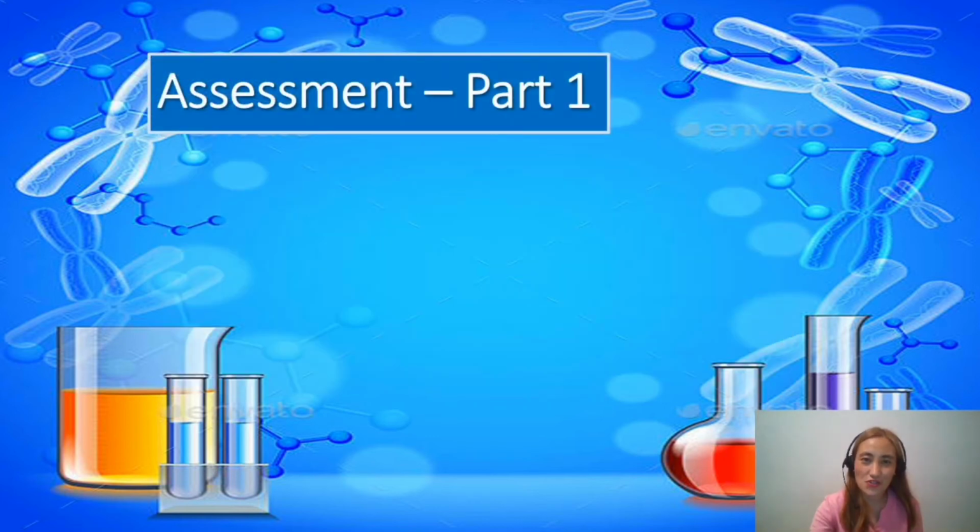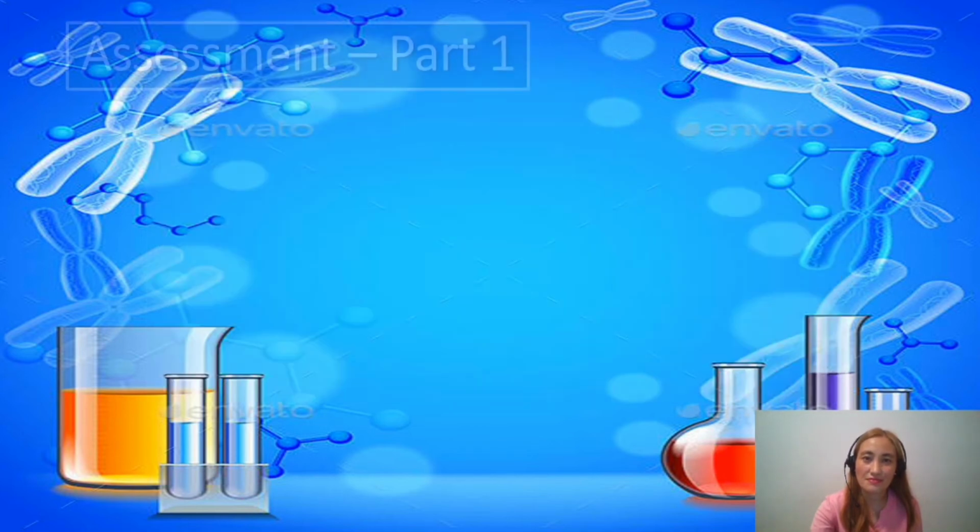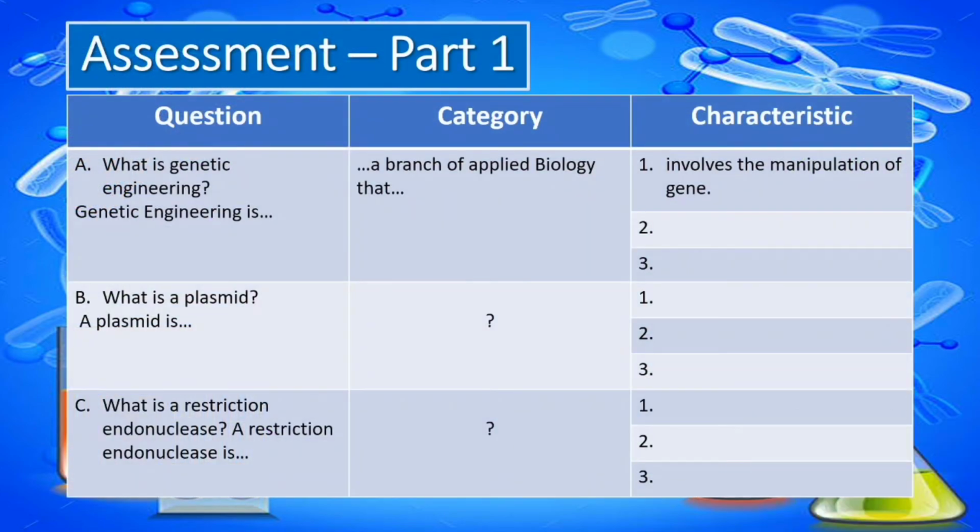To assess how much you have learned about this topic, answer the following questions. Instructions: complete the table by adding word or words in the category and characteristic row. An example is done for you. For part 1, complete the table by adding word or words in the category and characteristic row.